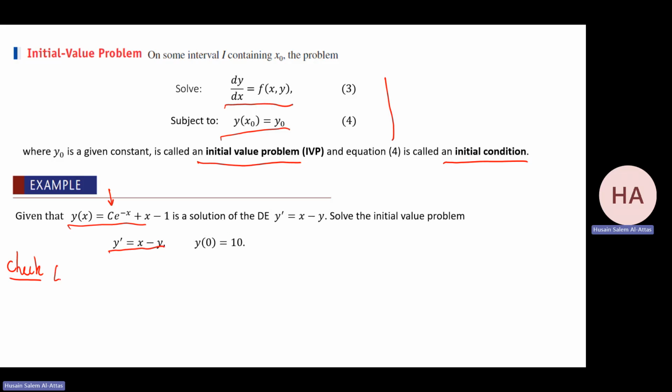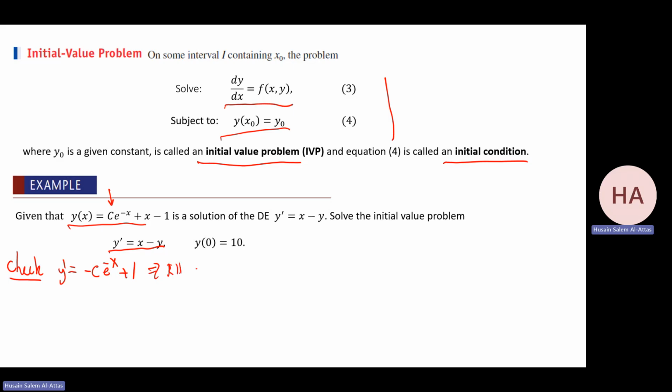So let me find y prime quickly. Y prime will be minus c e to the minus x, plus 1. Now we check the left hand side, which is y prime, against the right hand side.